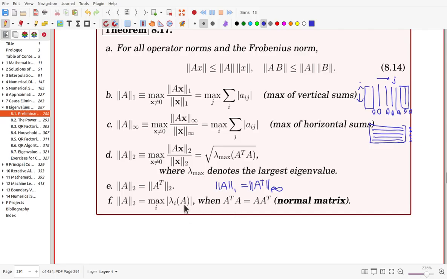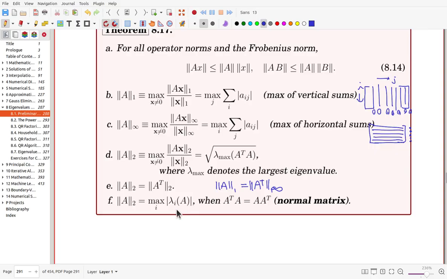Anyway, once it is normal, then the matrix 2 norm is the maximum eigenvalue in modulus. In general, sometimes the eigenvalues are not real numbers, or are negative or complex valued.